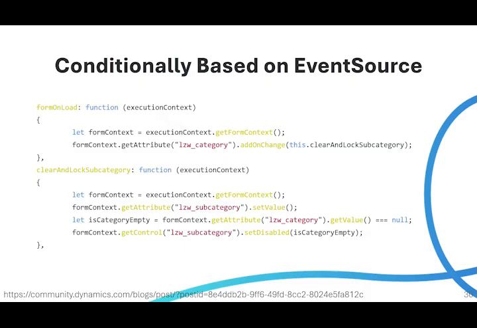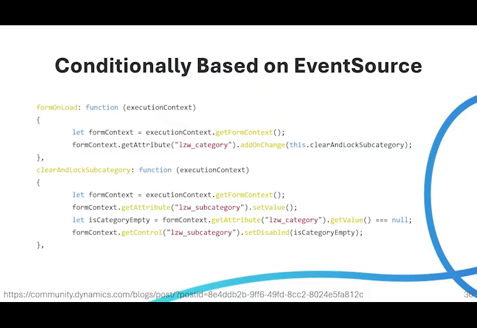So you have a script you want to run, right? For example, this one is very similar. We have these two cascaded lookups, or drop-down lists. If you choose category, you enable subcategory and you let it enter.